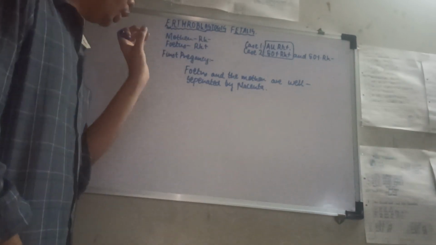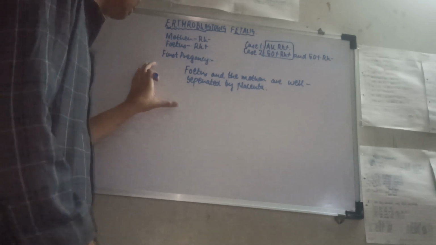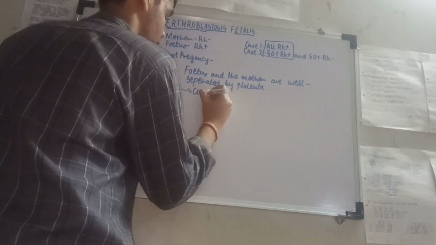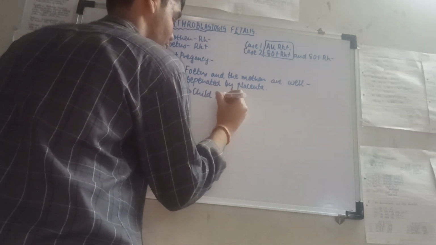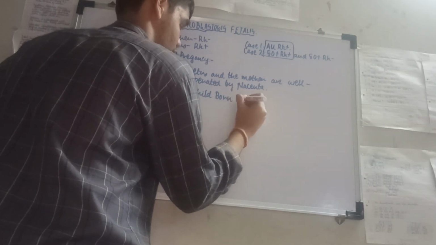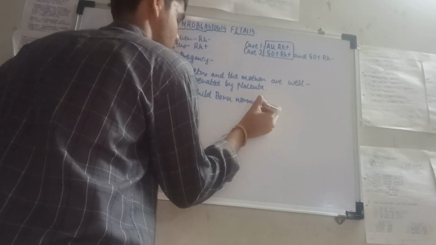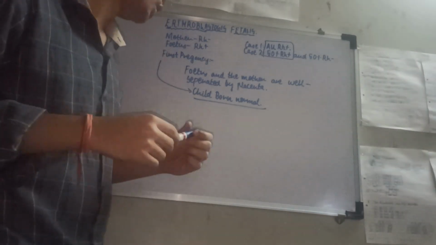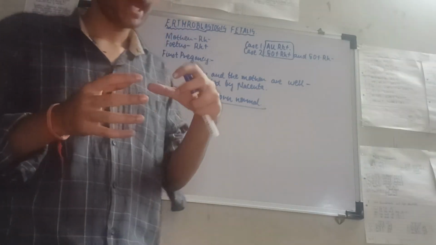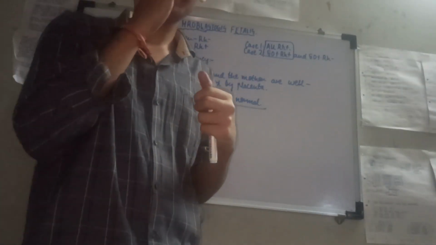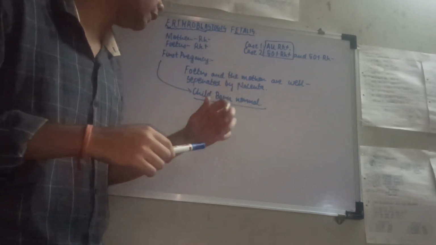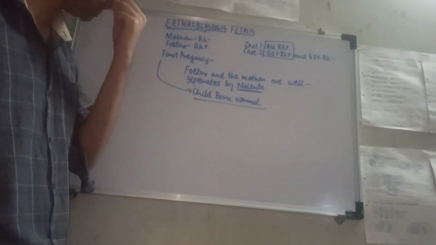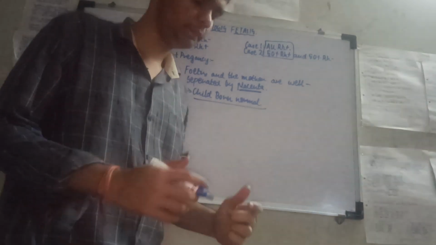So after the first pregnancy, the child born is normal. Means during the first pregnancy nothing happens because the fetus and the mother's body is well separated by placenta. This is an important term in this case. Therefore, the child born will be normal.